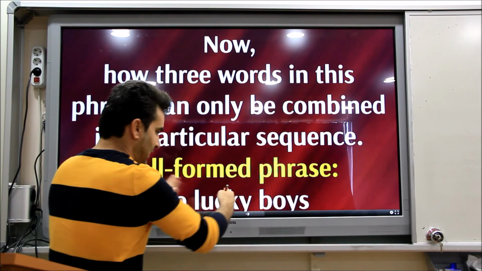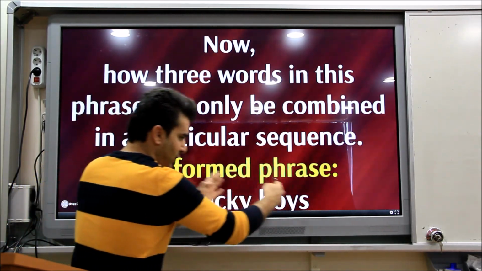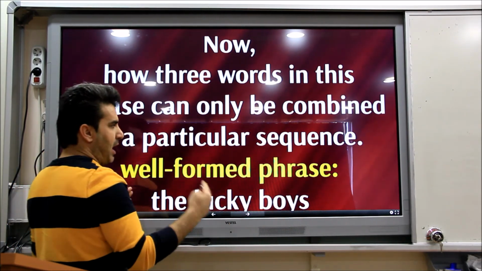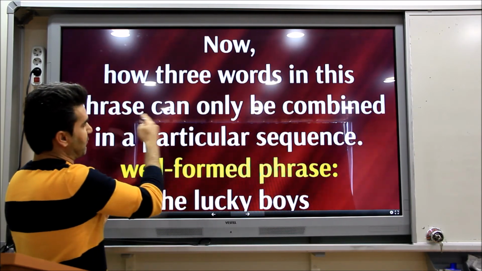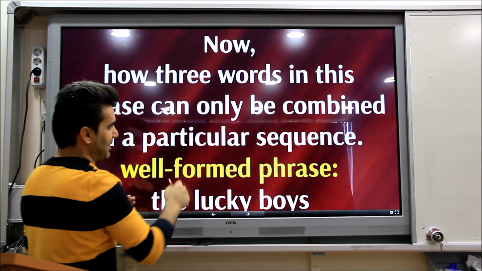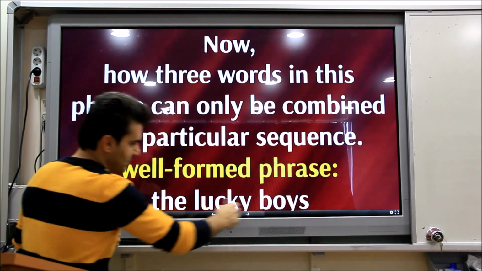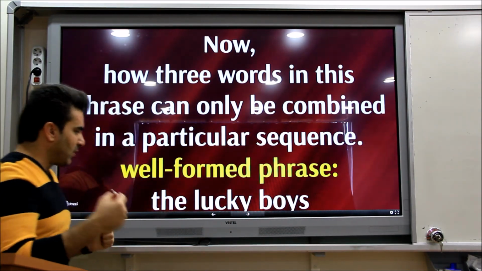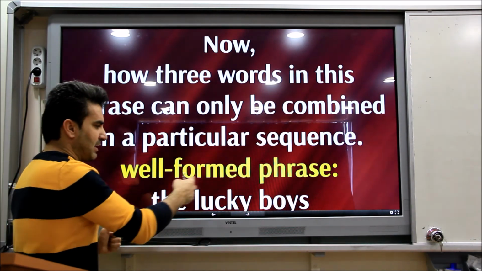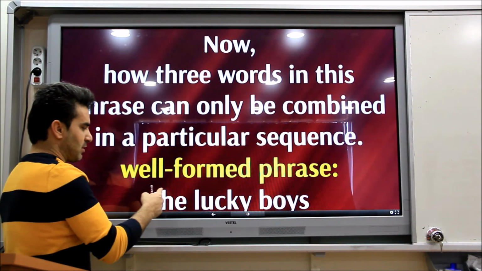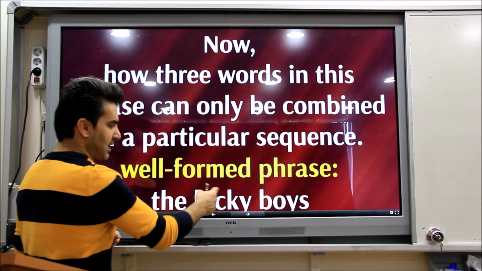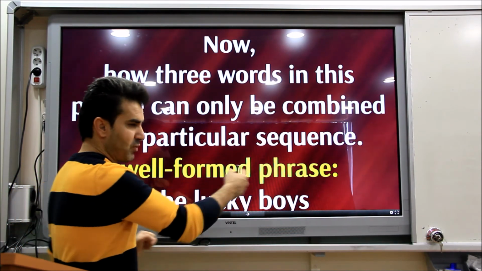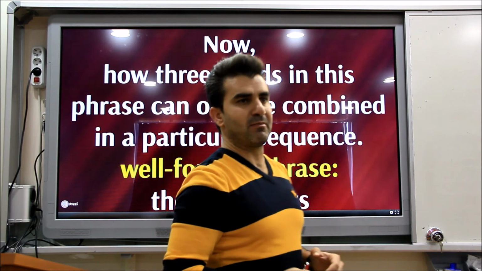Okay, and now lucky and the, separate three words. How? Okay, the three words in this phrase can be combined in a particular sequence. For example, how can we combine the lucky boys? First, the goes at the beginning, and after that lucky comes, and then after lucky, boys comes. How are they combined in the sequence?